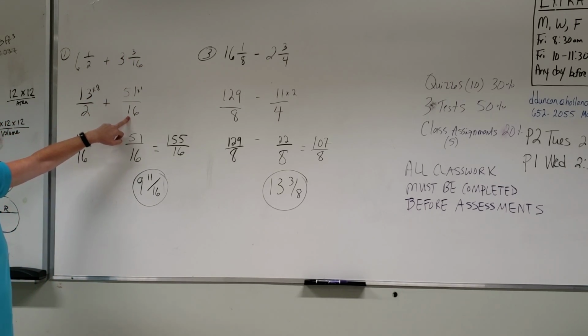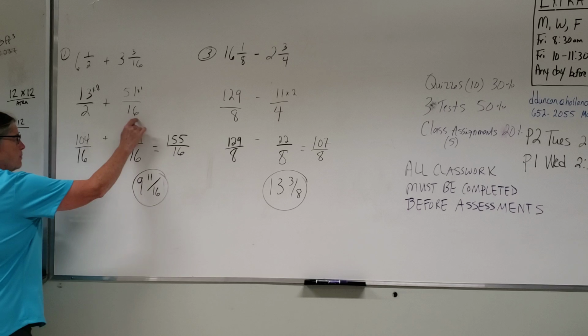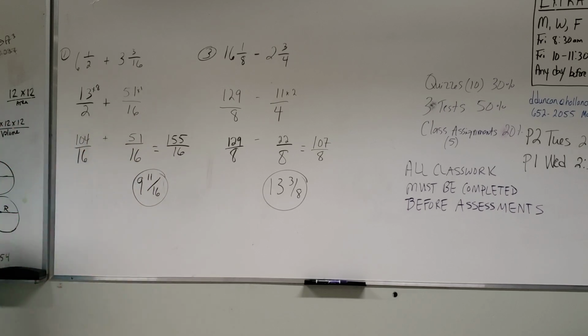First step, when we take those mixed numbers, we make them improper. Second step is the common denominator, a number that both denominators divide into. And as I've been saying, usually it's the highest number. And guess what? 16 works here.